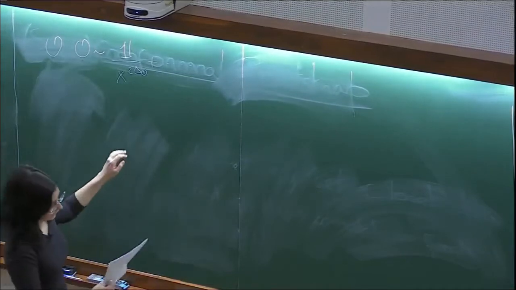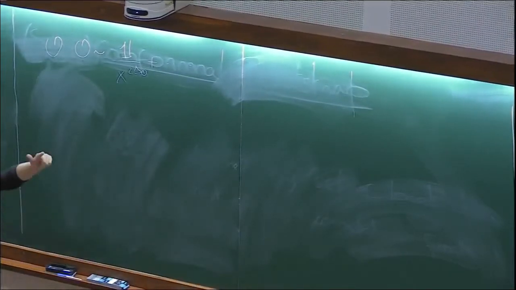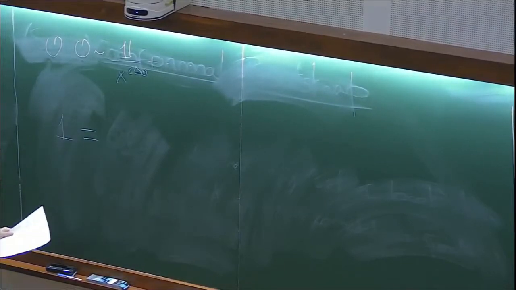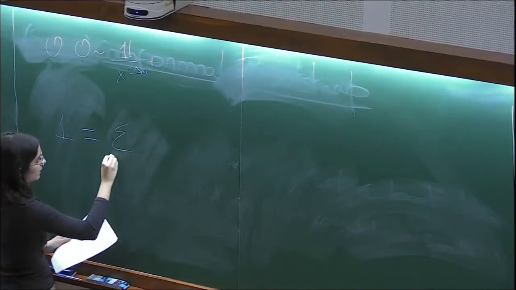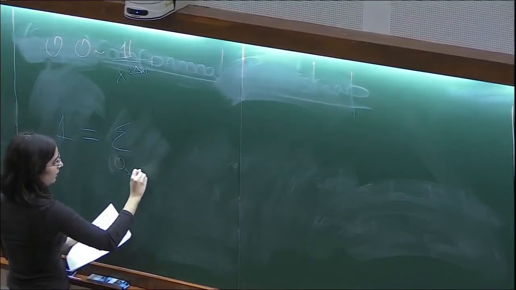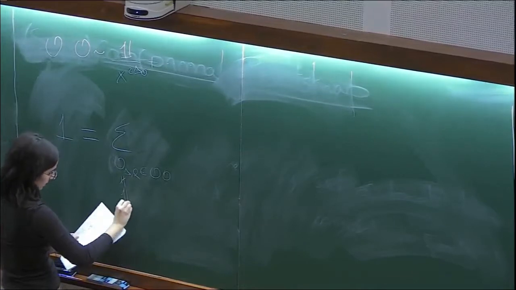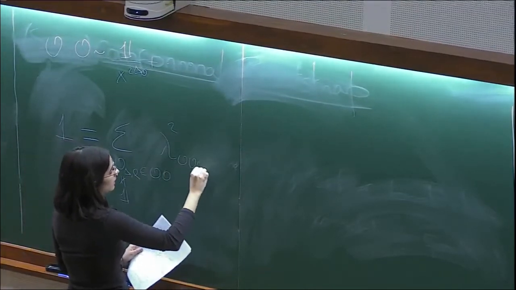So now, let me rewrite that equation a little. I will pull the identity out of both sums because it appears in both channels. I'm only taking the OPE between two identical operators, and it comes with coefficient 1. So I just get a 1 from the identity, and I move it to the other side. And now I get the sum over all operators in the OPE that are not the identity, and I get these numbers squared again.